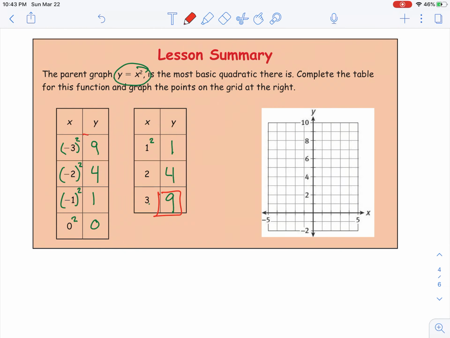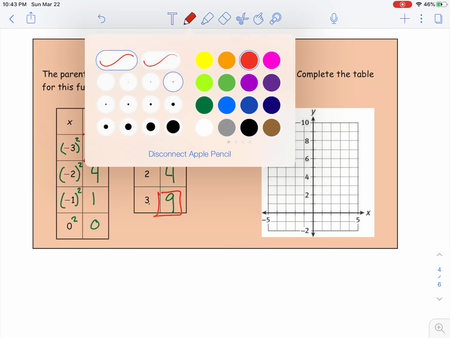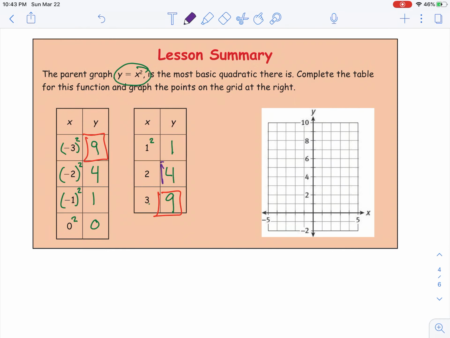Notice this matches. Notice they match. That makes this point that does not match my vertex. So 0, 0 is a special point.